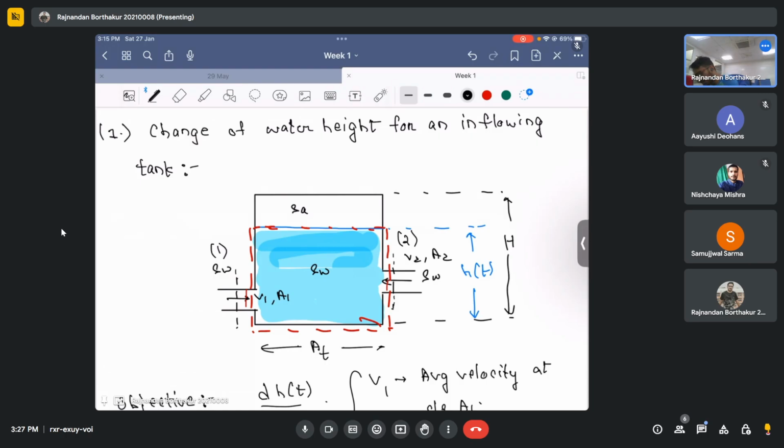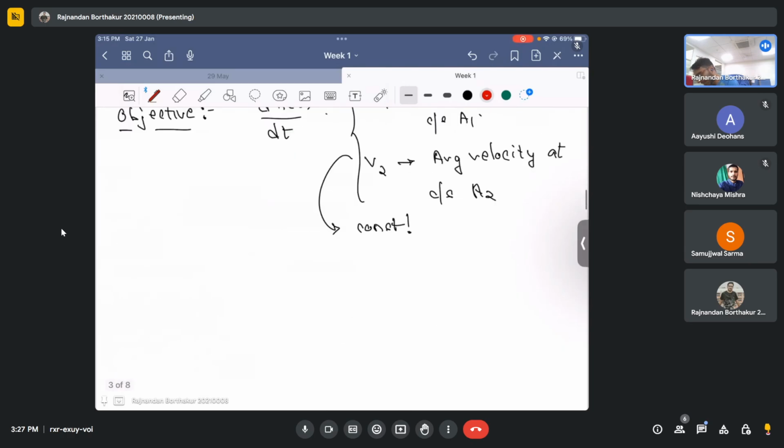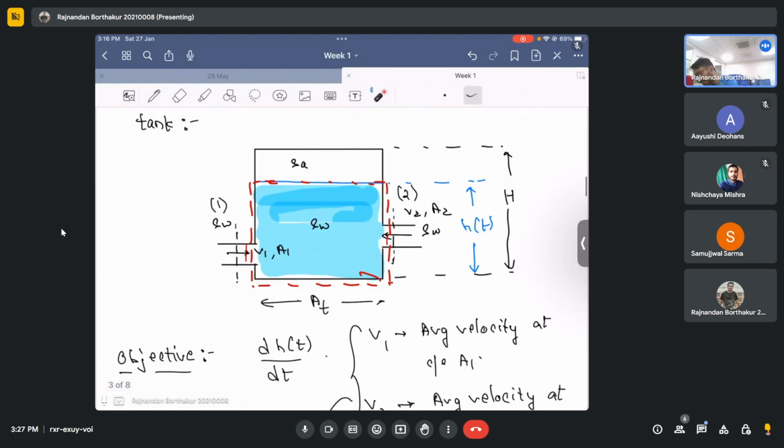Okay, by the way, this rho W, as you can see, I have not written it down here. I would clarify it here. So this rho W is basically the density of water. And this rho A is actually the density of air that is above this water.